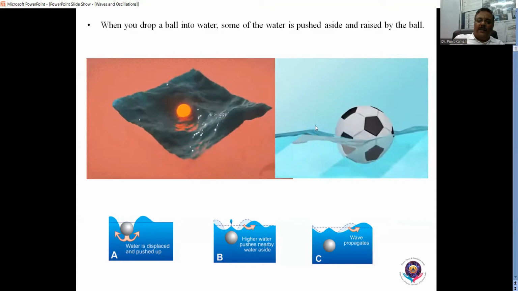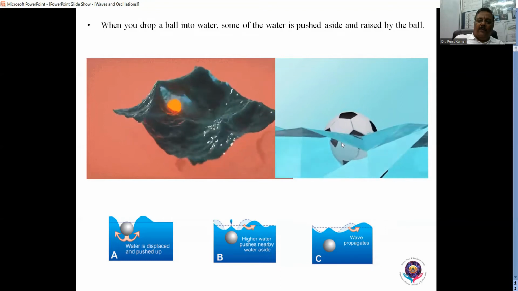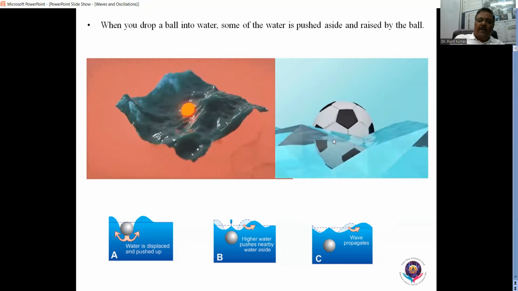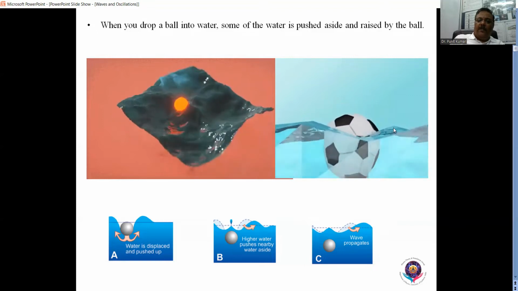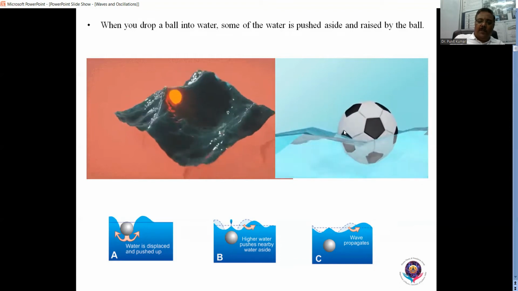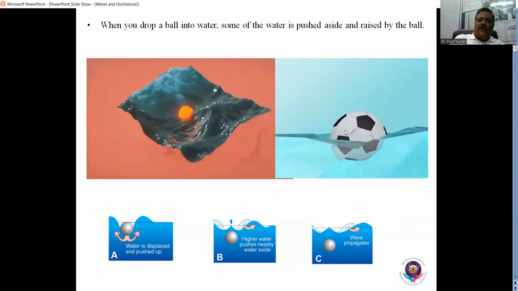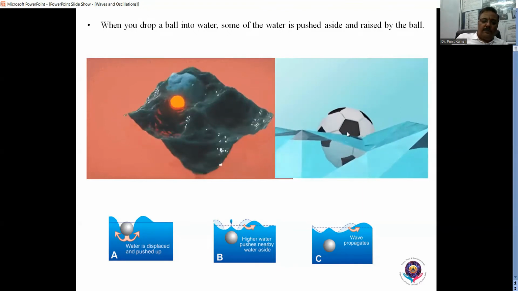It is going down, making a trough, coming up, making a crest. So this is a wave that has been excited when we drop a ball on the surface of the water.